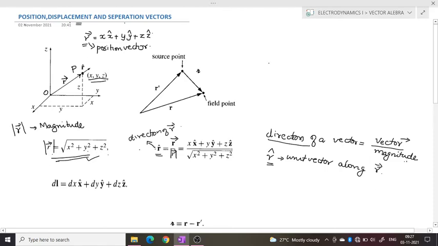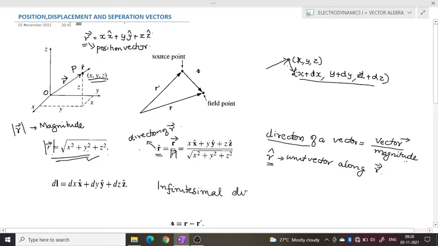So if this position vector P has the position x, y, z, and we define a nearby position as x plus dx, then y to y plus dy, then z to z plus dz, the vector from this point to this point is called the displacement vector, or the infinitesimal displacement vector.